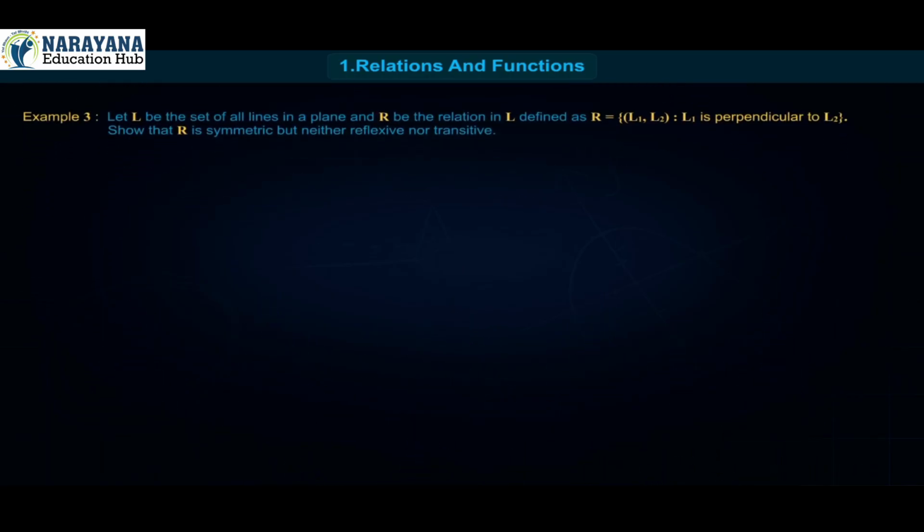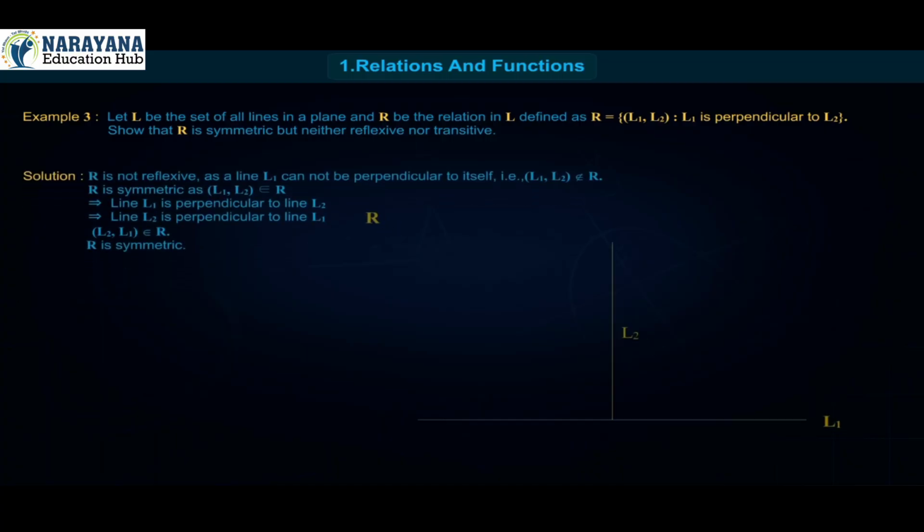Example 3. Let L be the set of all lines in a plane and R the relation in L defined as R is equal to the set of ordered pairs (L1, L2) such that L1 is perpendicular to L2. Show that R is symmetric but neither reflexive nor transitive. Solution: R is not reflexive as a line L1 cannot be perpendicular to itself.